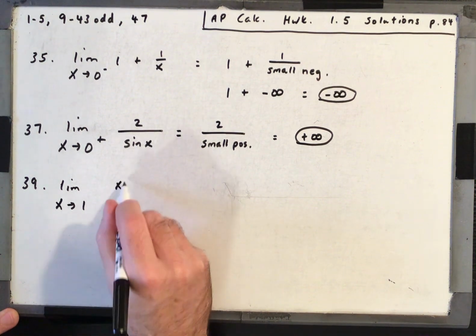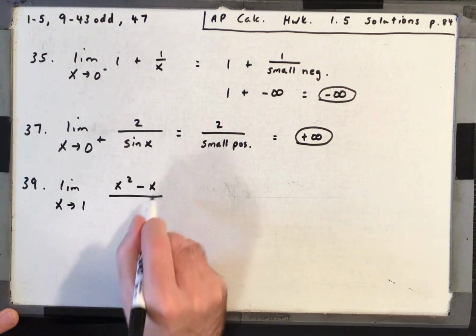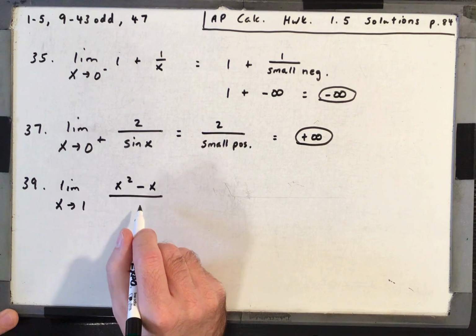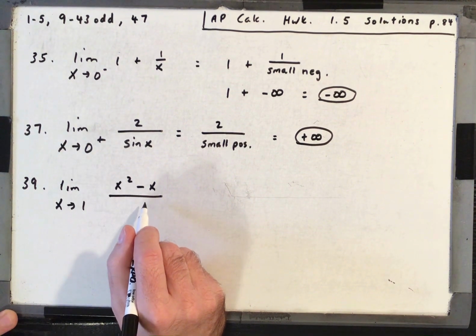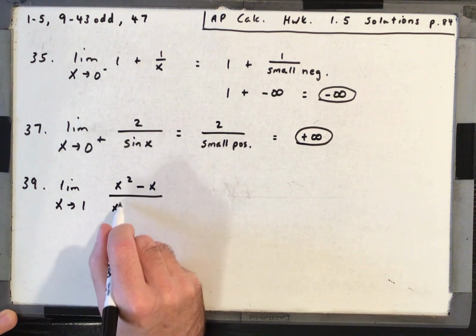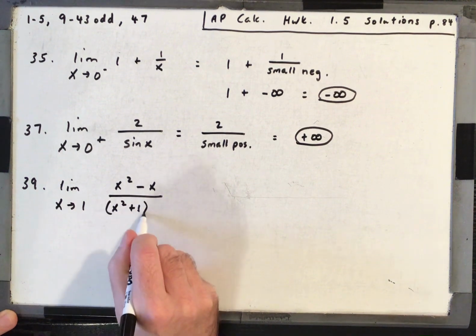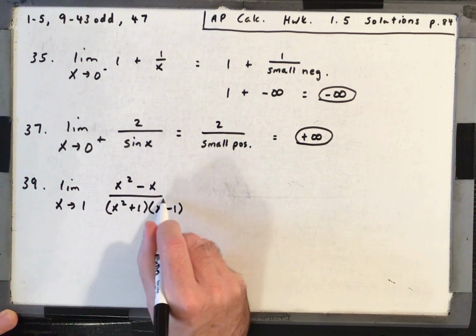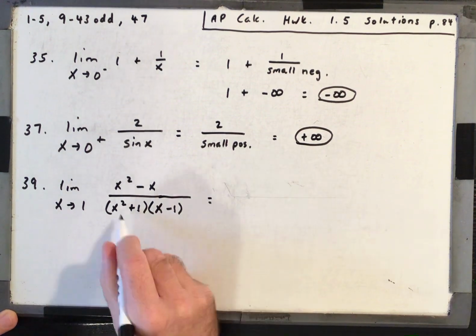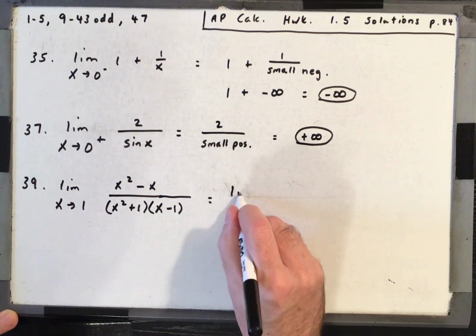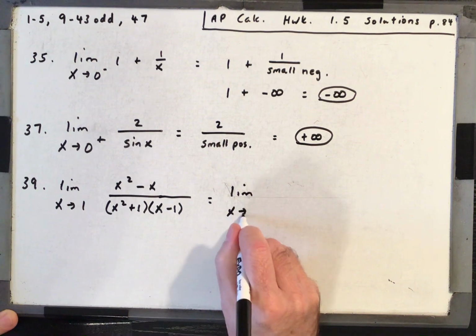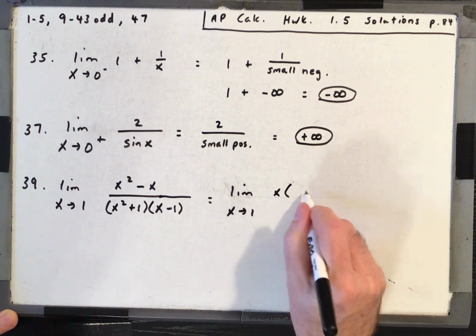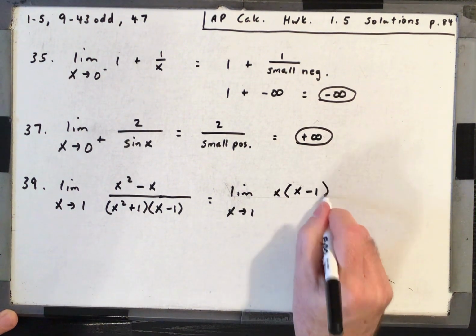So x squared minus x over x squared plus 1 times x minus 1. Well, what could we do here? We can't factor that, but we could factor an x out of the top, and you're left with x minus 1.